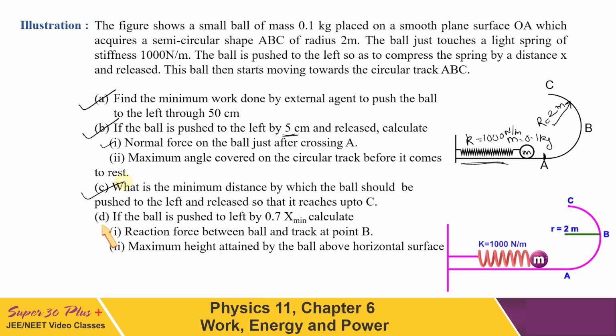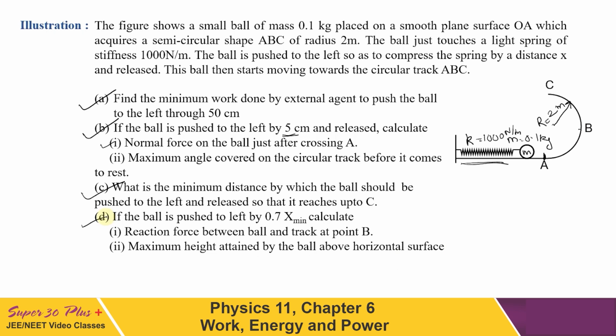The last one is, if the ball is pushed to the left by 0.7 of this x minimum we have just calculated in part C, then calculate the reaction force between the ball and the track at B. B you can see here. Also the maximum height attained by the ball above the horizontal surface. Okay, so let us see.